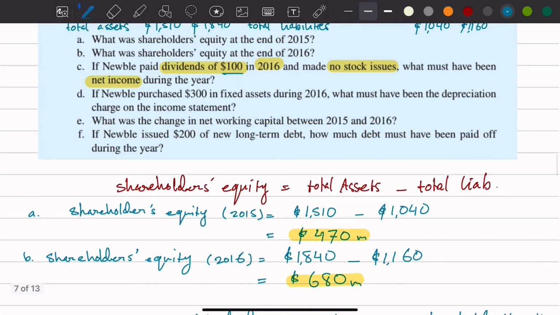Now let's move to the next part, part D. It says if Newable purchased 300 in fixed assets. The question is not clearly stating that the numbers are in millions here.